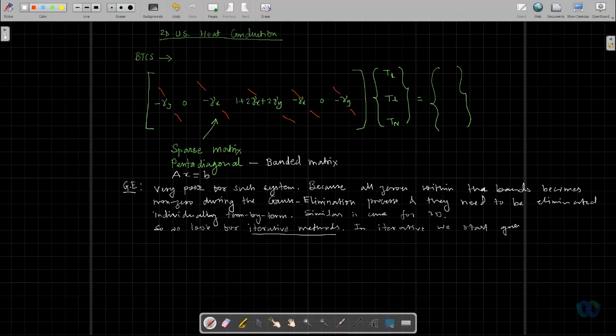As you have already seen in your exam also, you have to start with a guess solution and keep on correcting the solution till it converges to the correct solution.